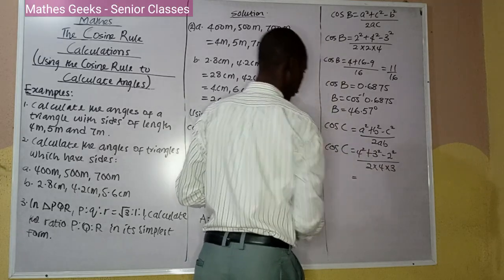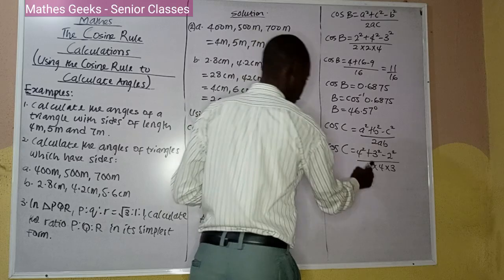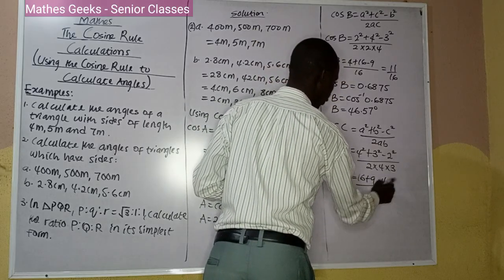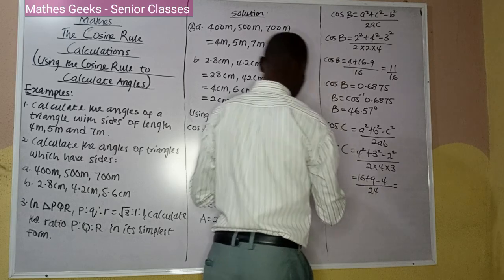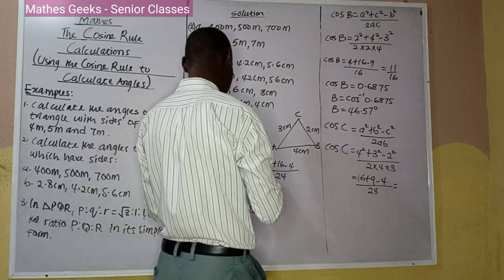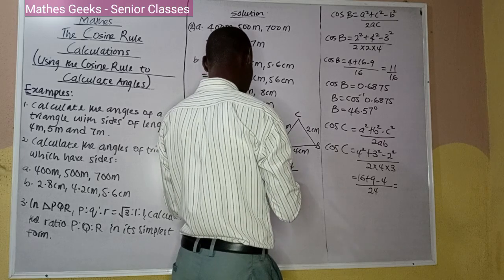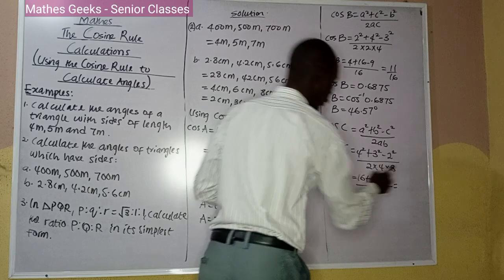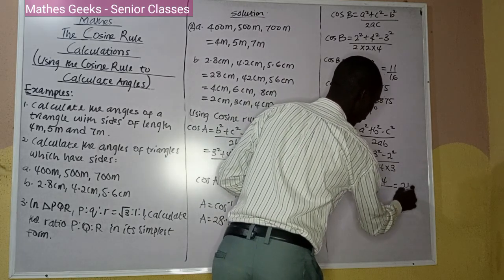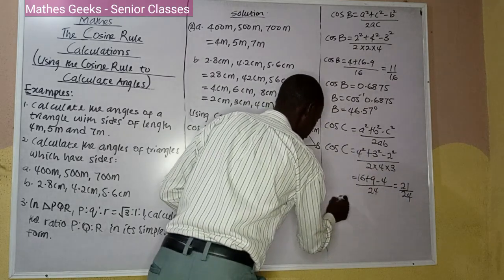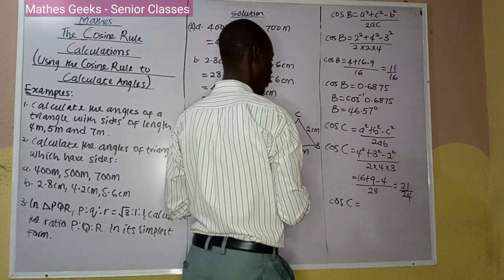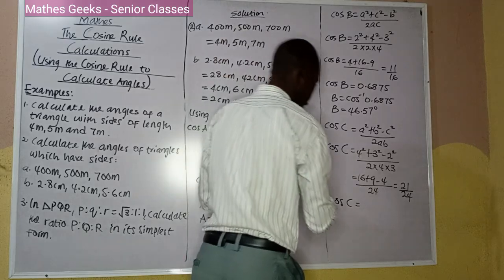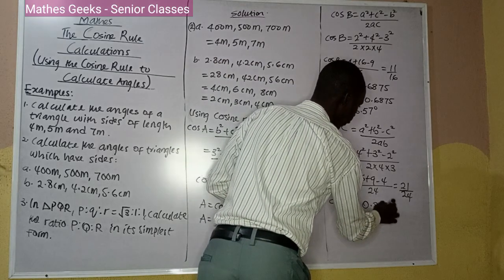That is 16 plus 9 minus 4 over 24. 16 plus 9 is 25, 25 minus 4 is 21, so 21 over 24, which is 0.875.